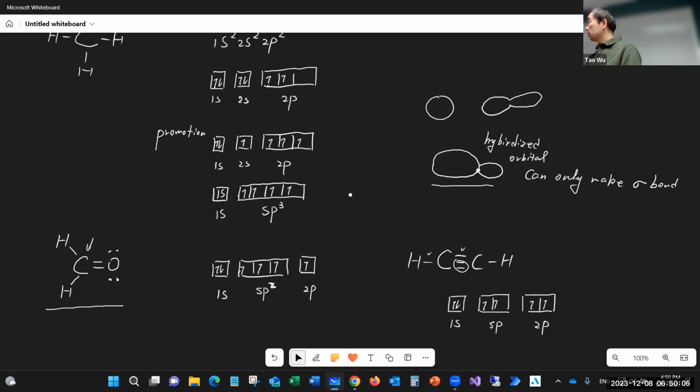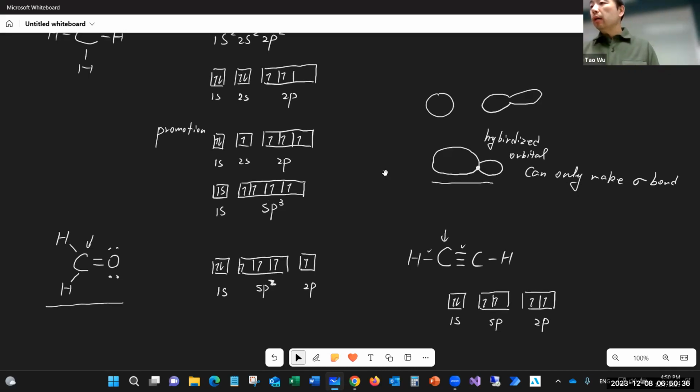Make sense? And again, how can we easily count what kind of hybridization this carbon has? Just look at the electron domains. This one only has 2 electron domains. If it has 2 electron domains, then that's sp hybridization: one s and one p hybridized together give you 2 electron domains. That's an easy way, right?